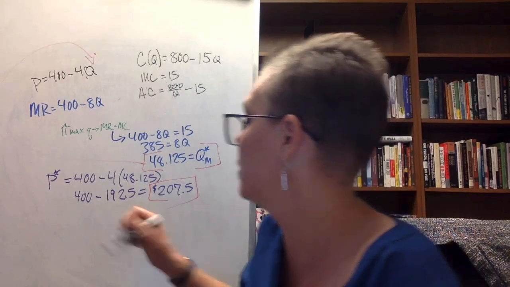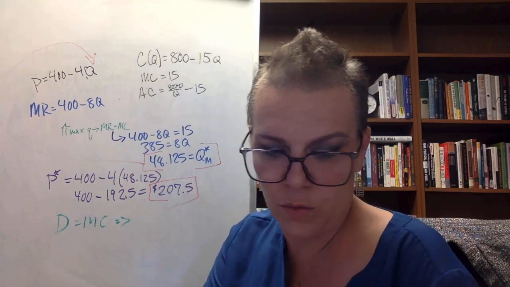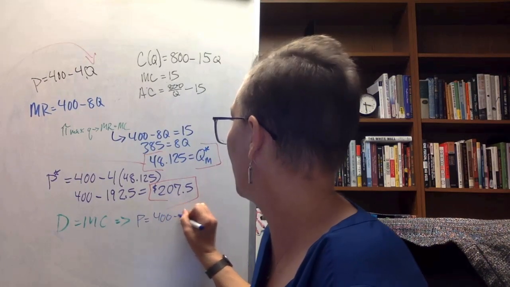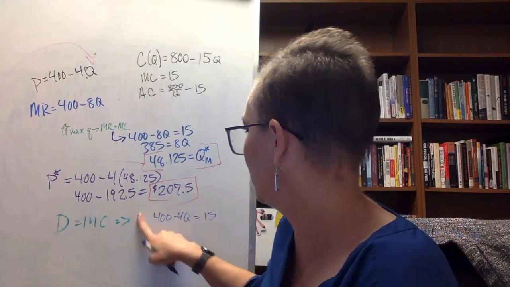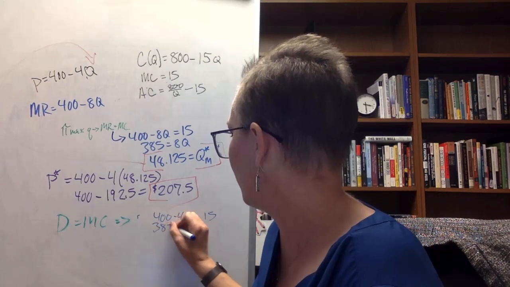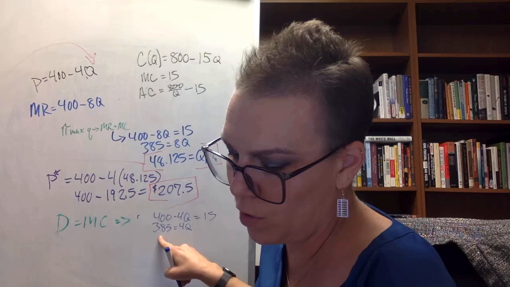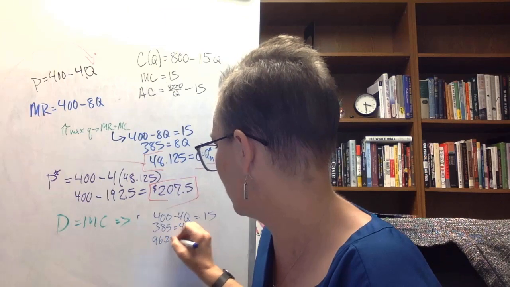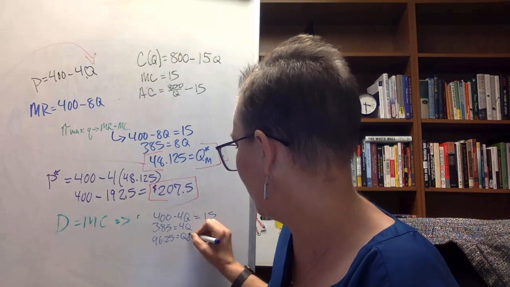So that's going to be demand equals marginal cost, which is P equals 400 minus 4Q equals 15. 400 minus 15 is 385 equals 4Q. 385 divided by 4 is going to give us Q equal to 96.25. And so that would be our competitive Q star.